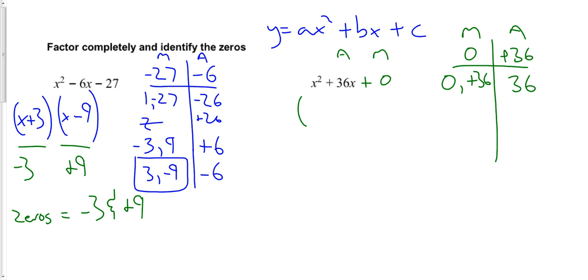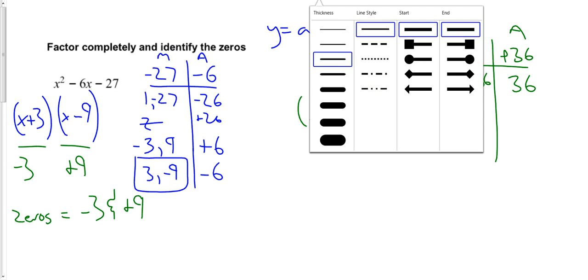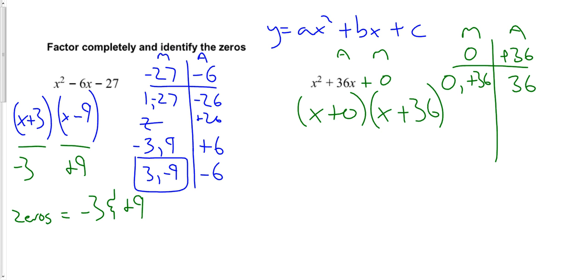So I've got x plus 0 times x plus 36. Okay, if I want to figure out what my zeros are for this equation, I need to figure out, well, x plus 0 has to equal 0. So 0 plus what equals 0? Well, 0 plus 0 equals 0.